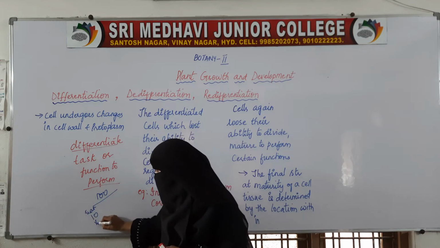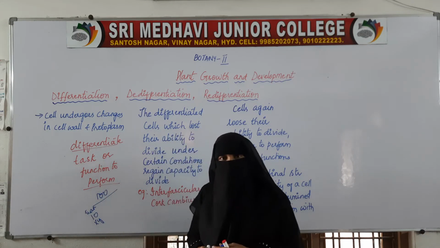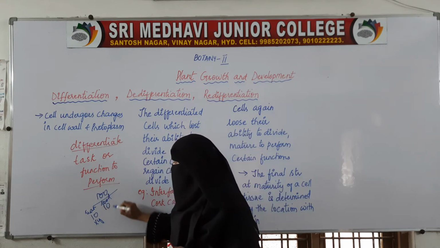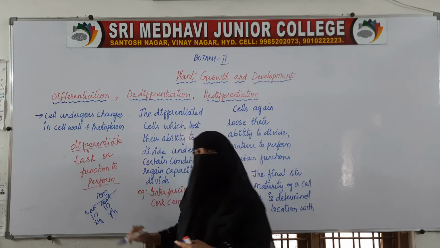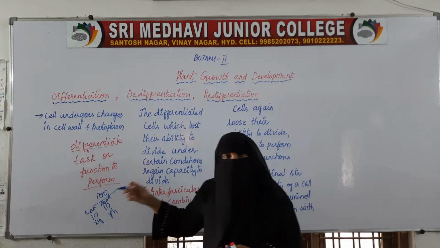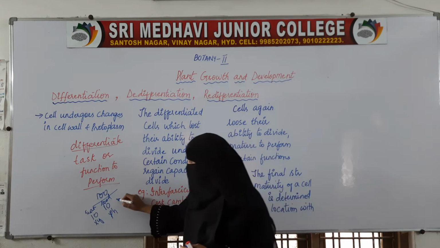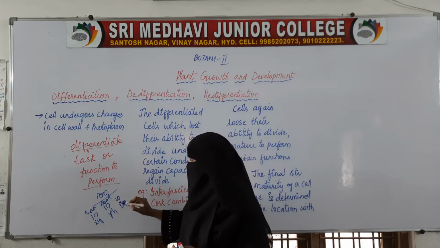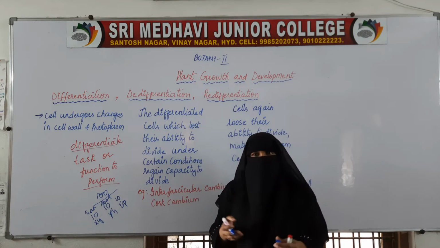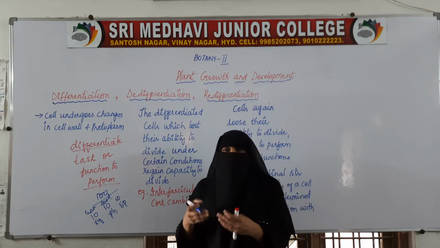That is, they will be forming xylem. 10 cells will be given the function to transport food material. That is, they will be forming phloem. 10 cells will be given the function to protect. That is, they will be forming epidermis. 10 cells will be forming ground tissue, vascular ground tissue, or some parenchymatous cells.